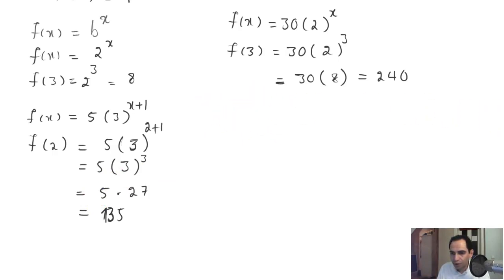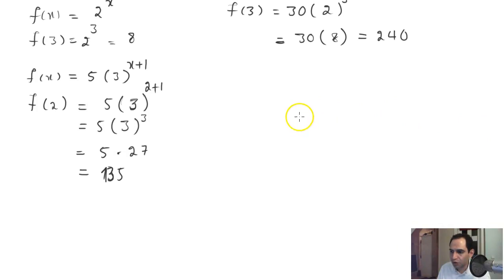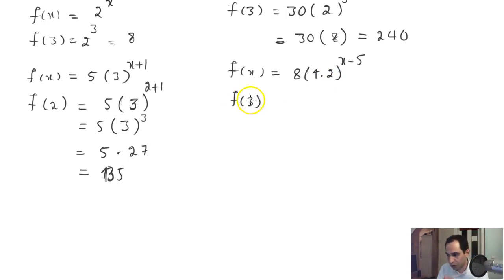Another example is Try number 2 on page 467, which is: let f of x be equal to 8 times 1.2 raised to the power x minus 5. We want to evaluate f of 3, and we are allowed to use a calculator, and we want to round to 4 decimal places.